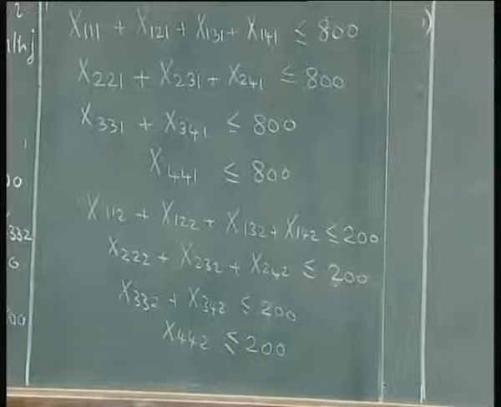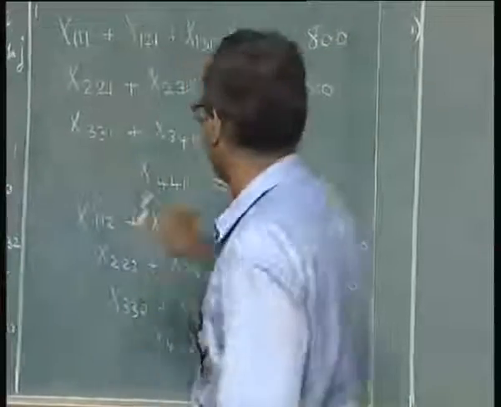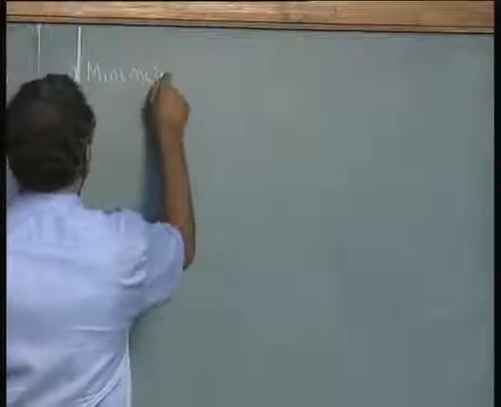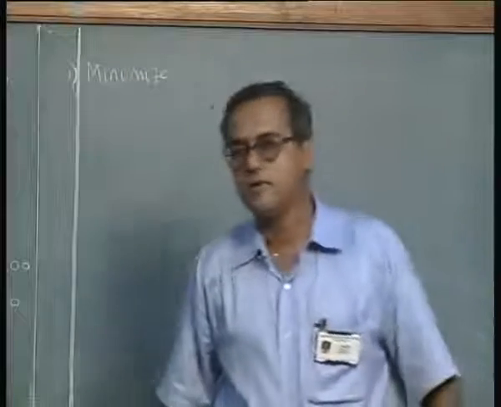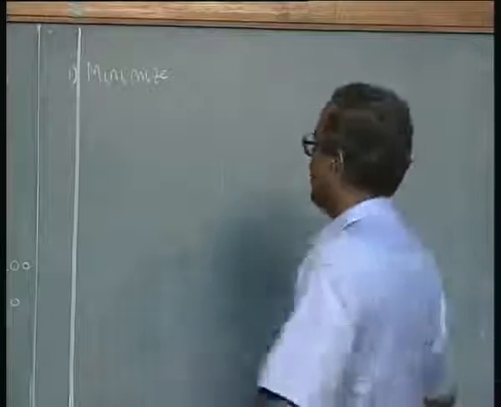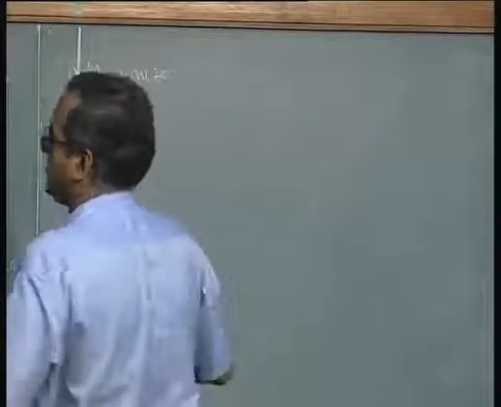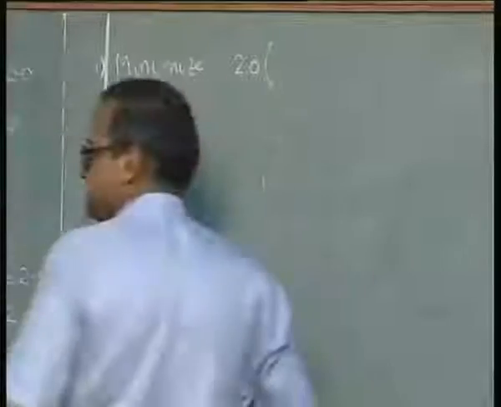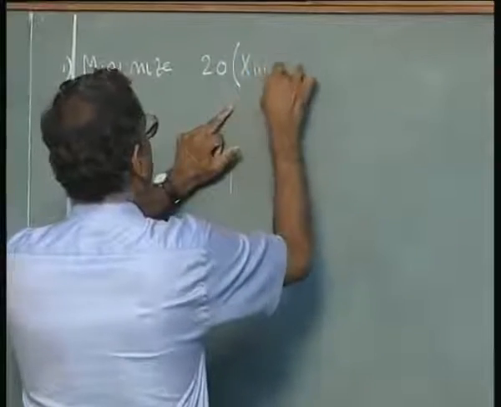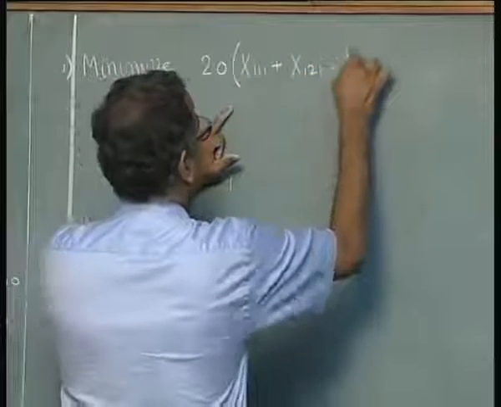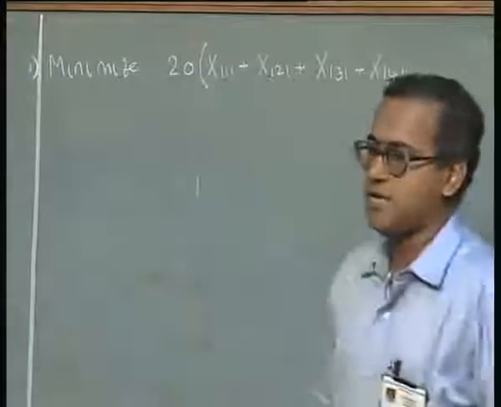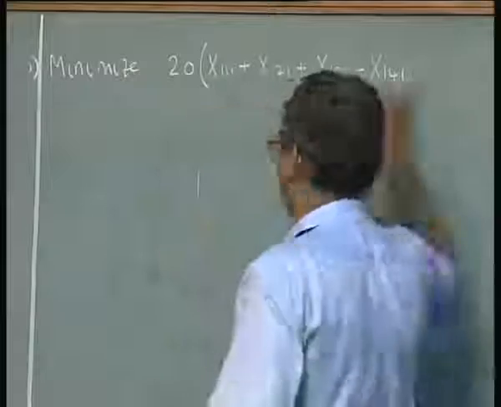Now, let us go back and write the objective function. The objective function will look like this. I want to minimize the total cost of regular time, overtime and the quantity that is carried. So, in the first month, 20 is the cost of regular time production. So, I produce x111 plus x121 plus x131 plus x141, because I can produce by regular time to meet the demand of all the 4.